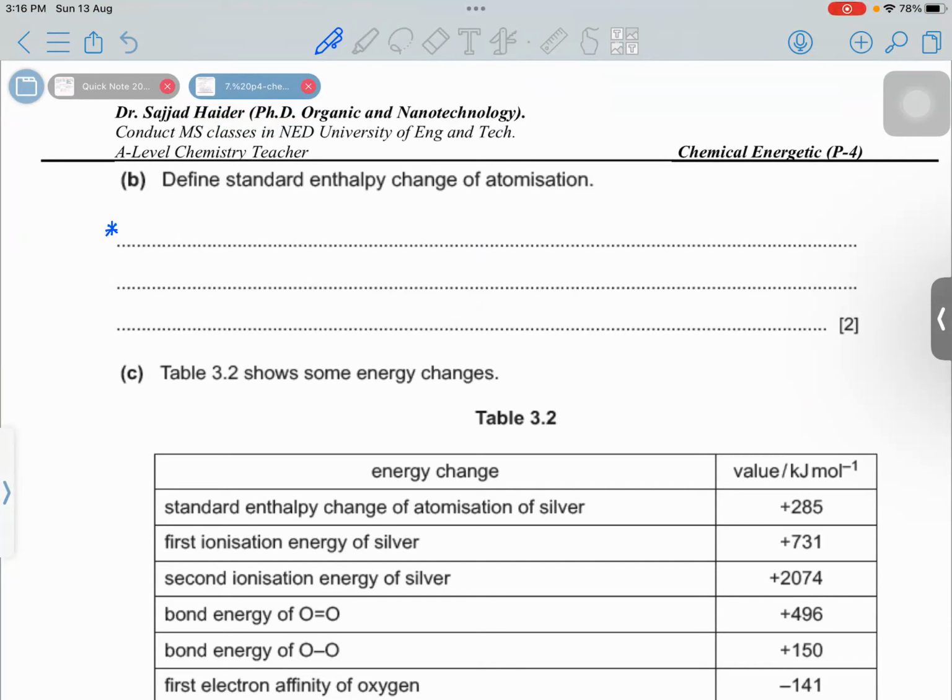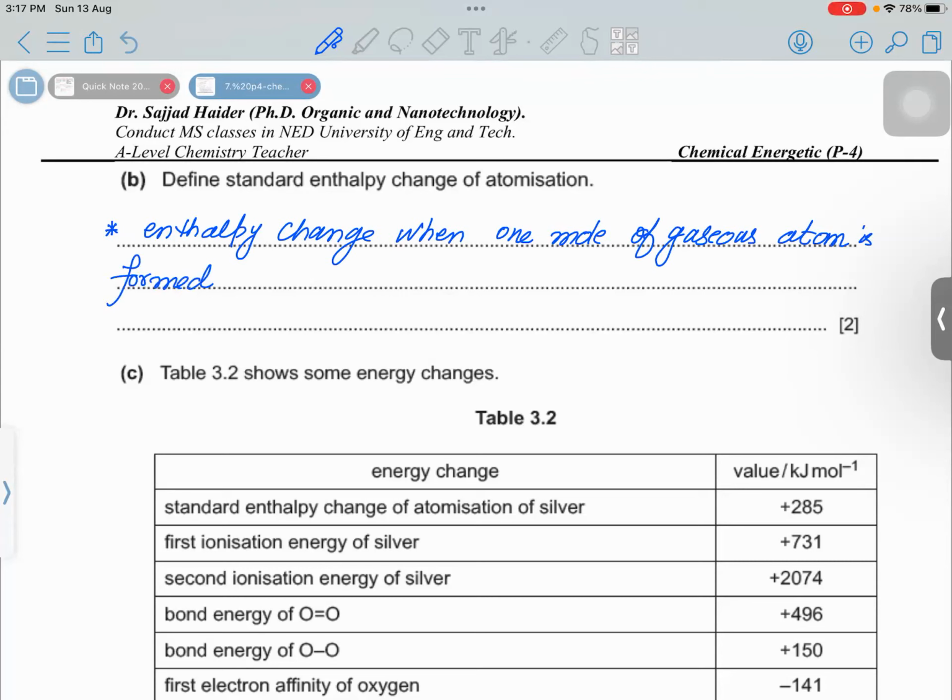The enthalpy change when one mole of gaseous atoms is formed from its element under standard conditions. Very good. Enthalpy change when 1 mole of gaseous atom is formed.